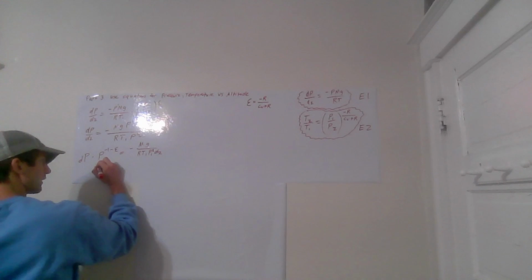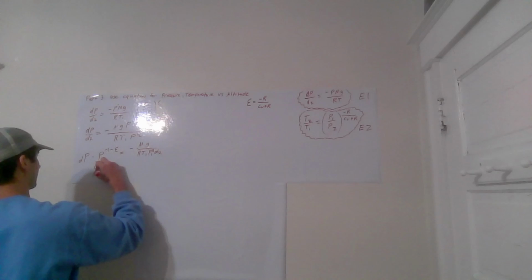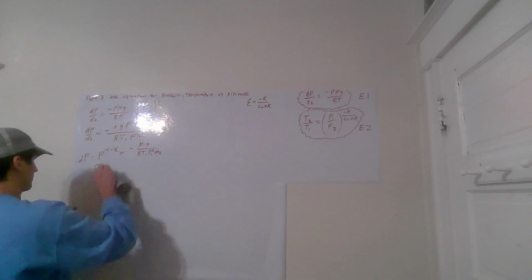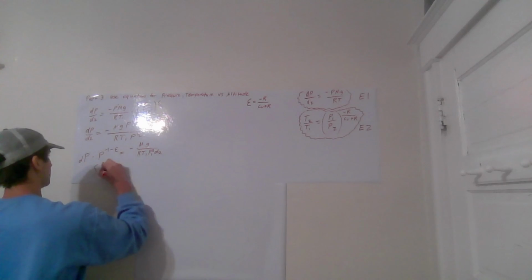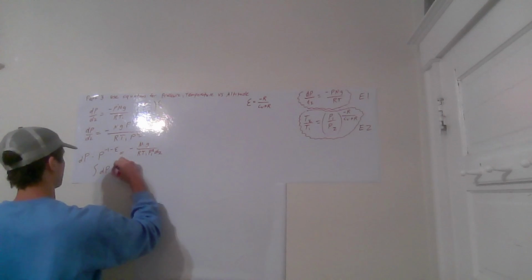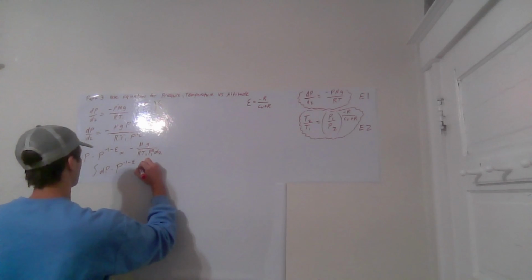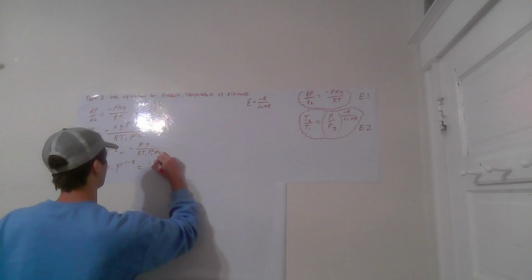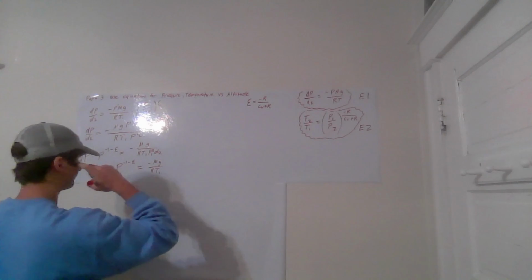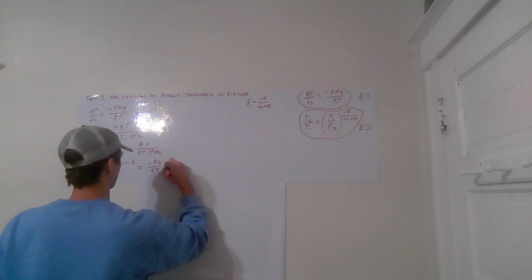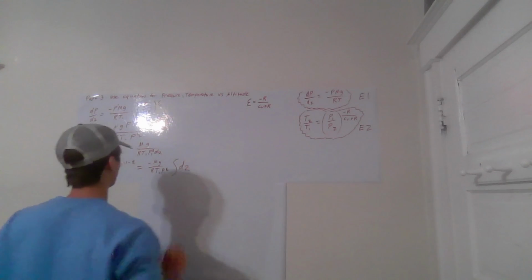So we're going to take the integral of our dP times P to the negative 1 minus epsilon equal to negative mg over R T1 P1 to the epsilon integral of dz.